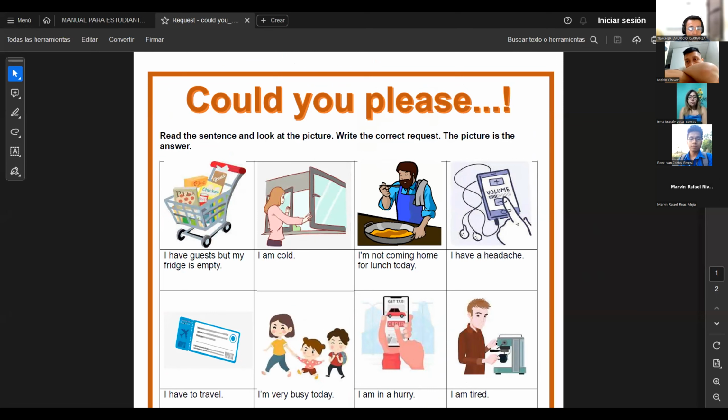So it says, I have guests but my fridge is empty. How would you request? ¿Cómo pediría ayuda para que le ayuden con ese inconveniente que tienen? Tengo invitados, pero la refri está vacía, dice. I have guests, but my fridge is empty.